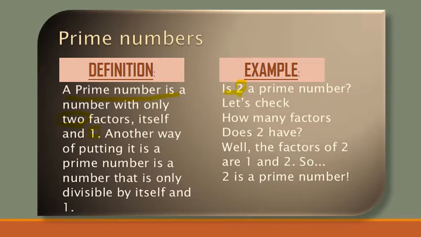Let's check. How many factors does 2 have? Well, the factors of 2 are 1 and 2. So, 2 is a prime number because it has only two factors, itself and 1.